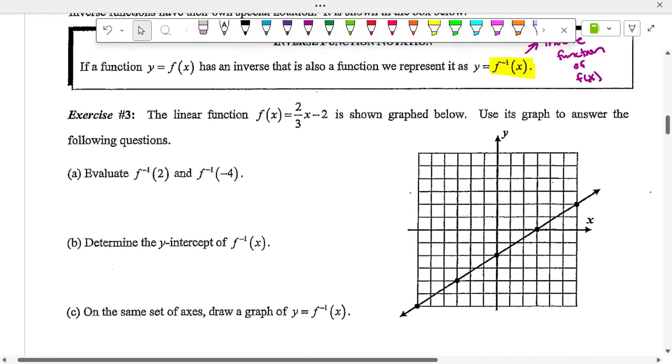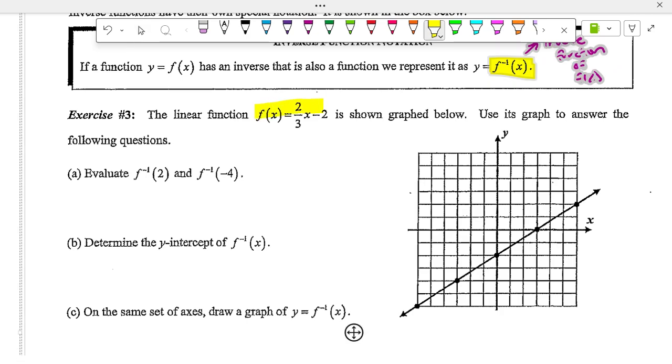So let's do some more stuff with the inverse. For exercise 3, they went ahead and graphed this function, f of x is 2 over 3x minus 2. So this graph over here is f of x. Now, they want us to evaluate the inverse functions. So, f of -1 of 2.